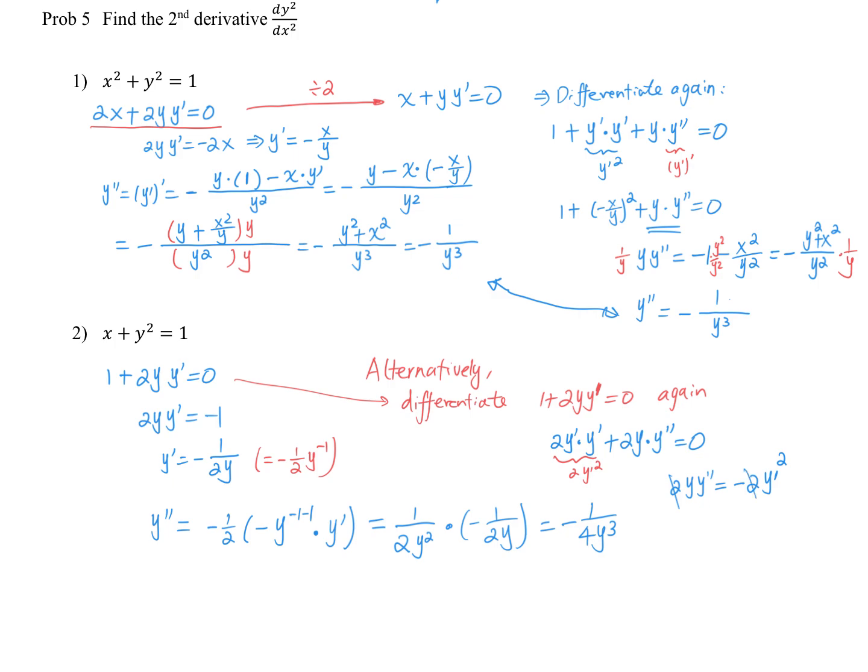The 2 is cancelled. So y double prime is equal to negative y prime squared over y. And if you plug in y prime, which is negative 1 over 2y, squared, over y, it turns out this is going to be negative 1 over 4y cubed. All right, this concludes this lesson.